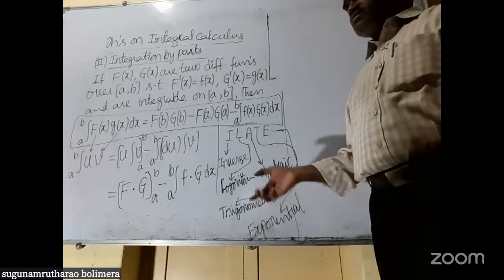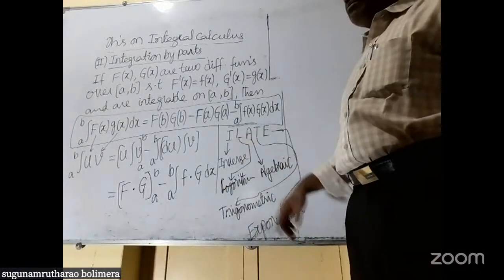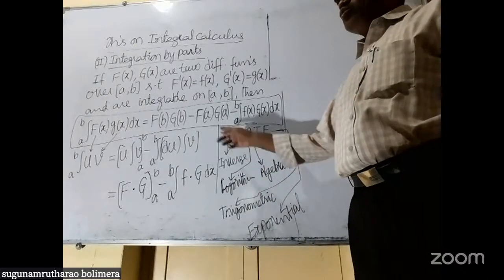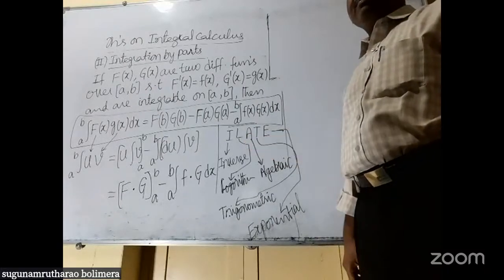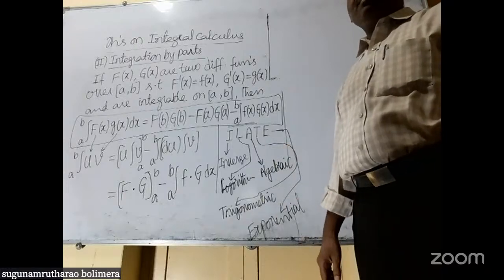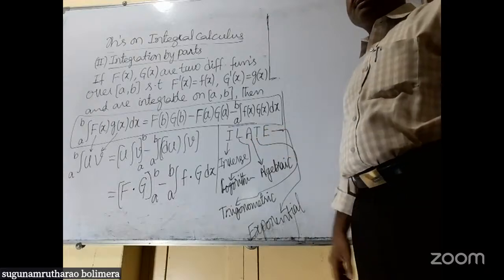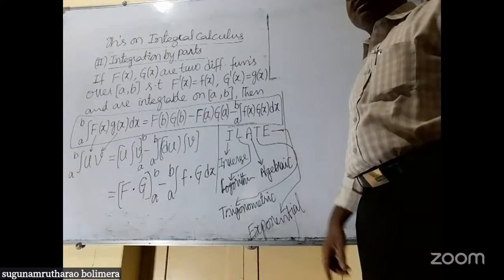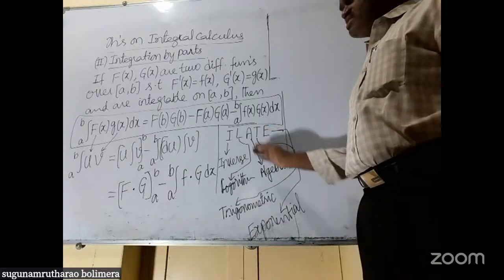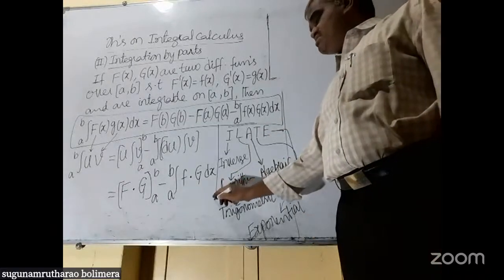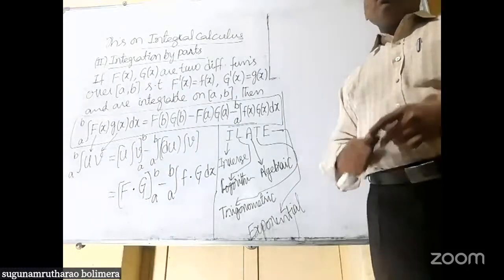So among x and sine inverse, inverse to be considered as U. The next one as V. If you are having x log x, logarithm to be considered as U in this formula, and x is algebraic, so that x has to be considered as V. Suppose x e power x comes: x is algebraic, which is before exponential, so x to be taken as U and e power x to be taken as V. So this kind of order you have to maintain while applying integration by parts, to choose which one is U and which one is V.